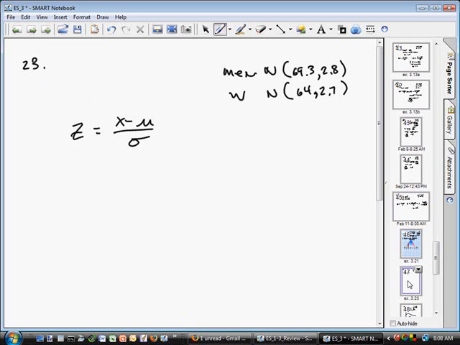Well, I got it started here. Yeah, this is the one with the men and the women mixed together, right? Heights of women age 20 to 29 follow a normal distribution, mean 64, standard deviation 2.7. Oh yeah, I got it up there under the women. And for the men, that's normal with a mean of 69.3 and a standard deviation of 2.8.